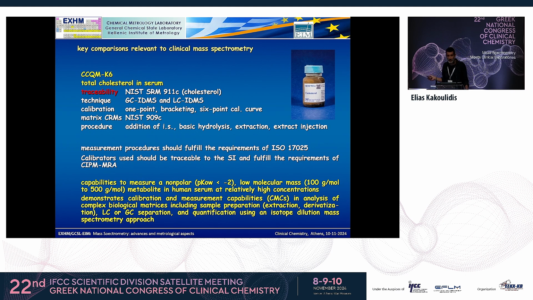We will show some examples from the comparisons that have been performed till now. And a classical one is cholesterol in serum.